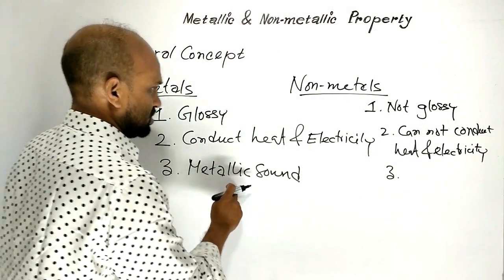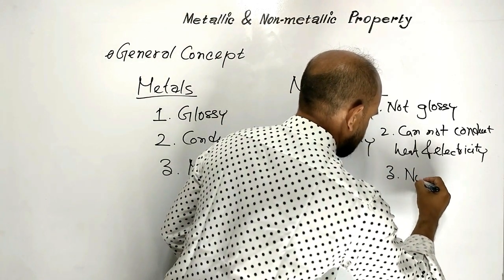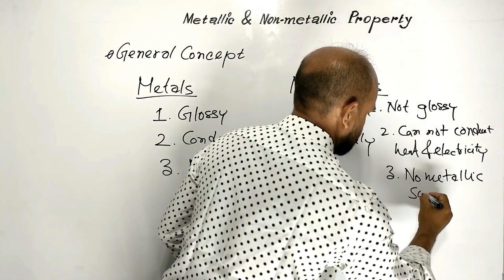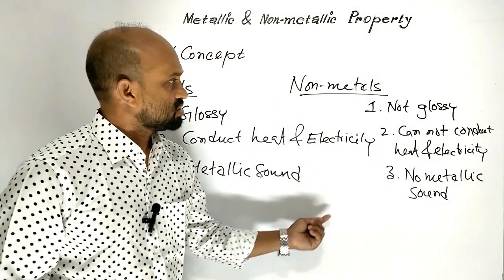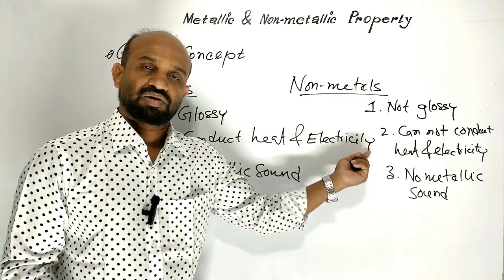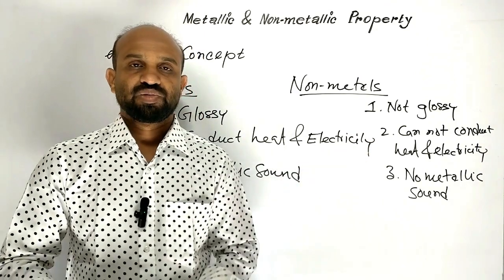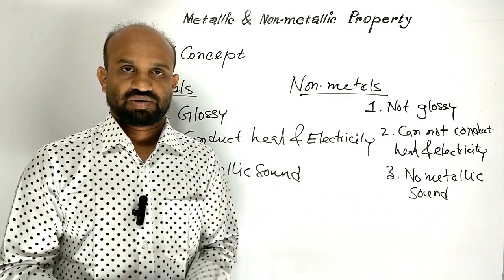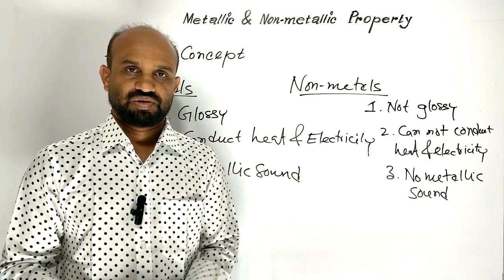Non-metals are not able to produce metallic sound. So the elements that are not glossy, cannot conduct heat and electricity, cannot produce metallic sound when struck, those elements are called non-metals. Metals and non-metals according to the general concept.